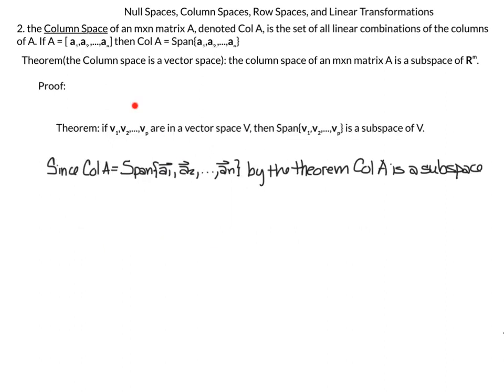To do our proof, we're going to use this theorem that we had from a previous video about vector spaces and subspaces. What we said is if we have a set of vectors in a vector space V, then the span of those vectors is a subspace of V. So now, since the column space is the span of a set of vectors, by this theorem the column space is also a subspace.